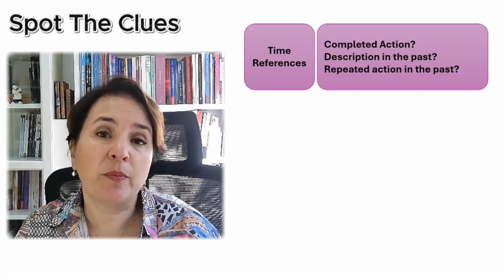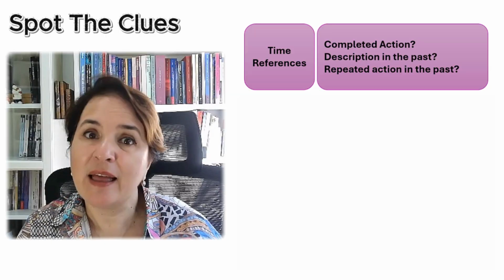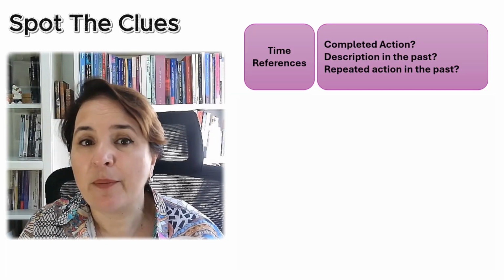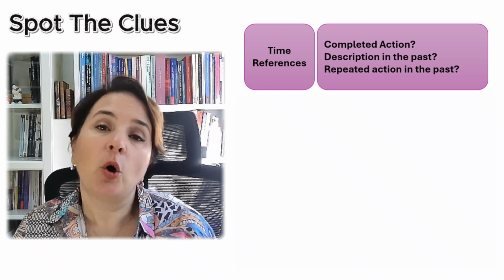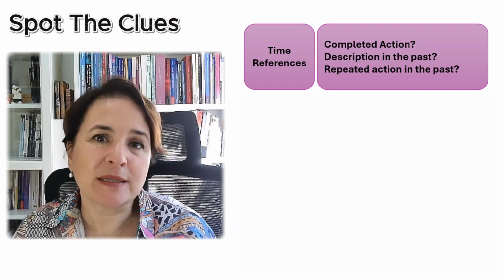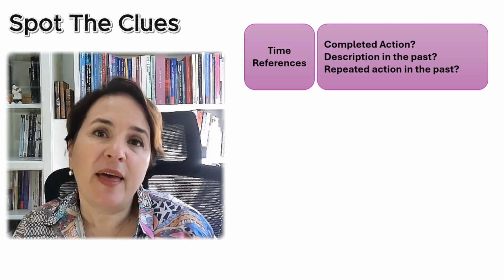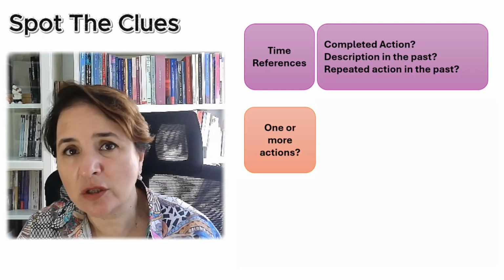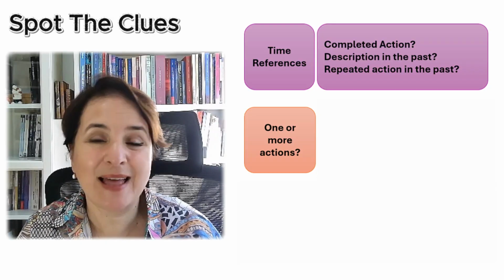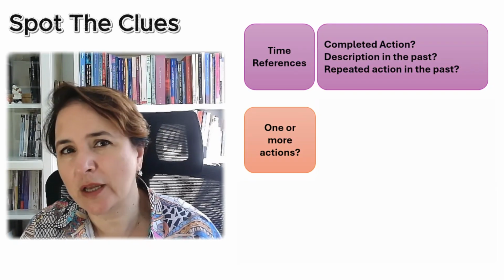But it can also be that you are describing a situation or a setting in the past. Era un día precioso, en el hotel no había piscina. Or is something that happened repeatedly in the past. Cuando era pequeña me gustaba jugar en la calle. Then you can also look at whether you are just talking about one action or several actions and the relationships between those actions, especially when you're talking in the past.